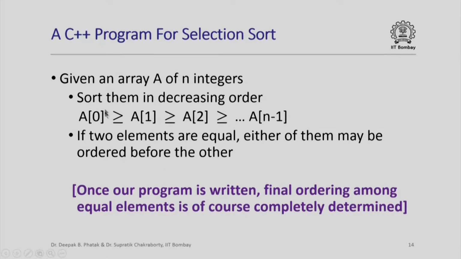So the point to note is that although in the specification we said that if two elements are equal, either of them may be ordered before the other, once the program is written, everything is completely deterministic. The program will determine what the final ordering among equal elements is going to be. And we'll briefly look at this in a few slides from now.